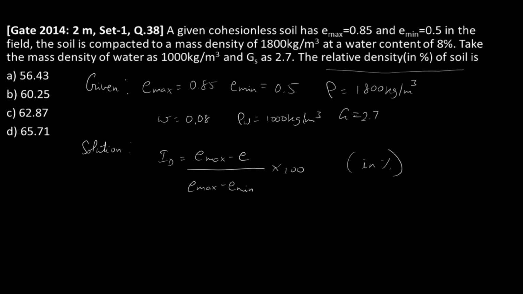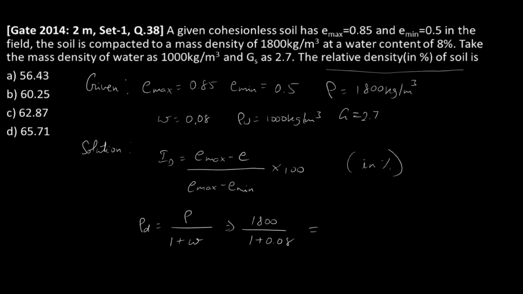Now we have bulk density, which is 1800 kilogram per meter cube. With that, we'll find out the dry density of the same soil. Sigma d is equal to sigma by 1 plus w, which is 1800 divided by 1 plus 0.08, where you will be getting dry density.